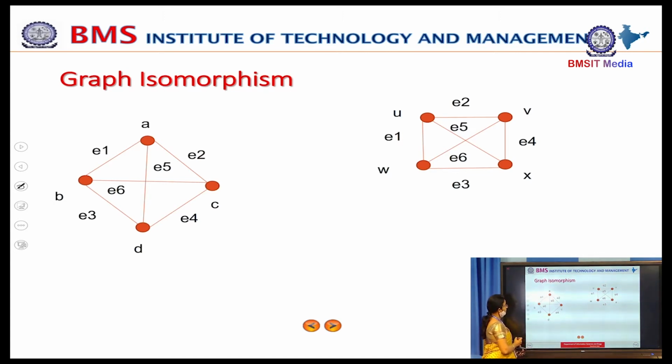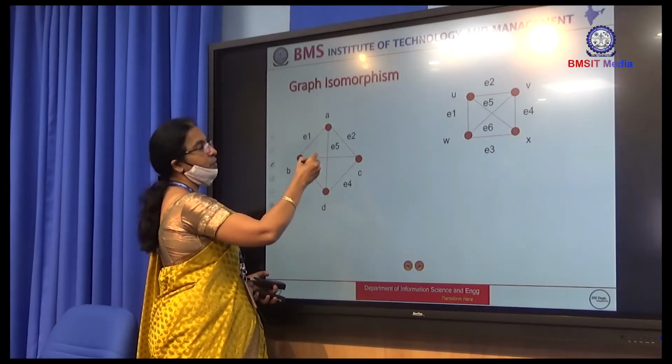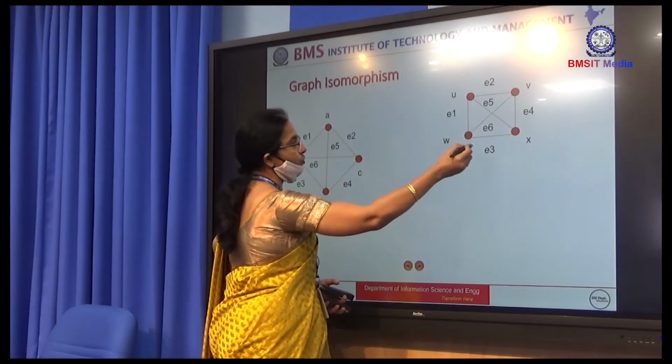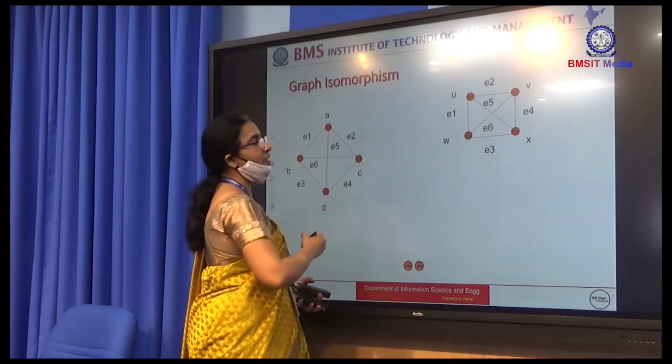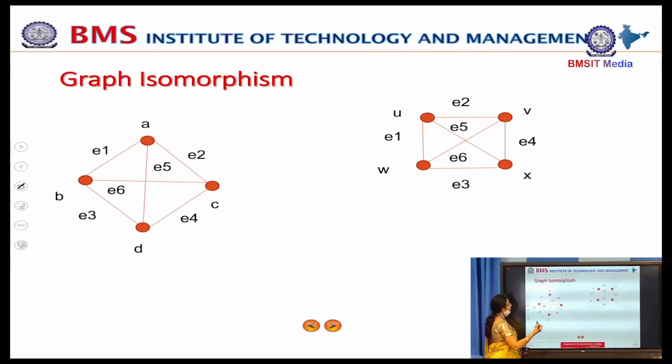Now we need to check whether these two graphs are isomorphic. So to check this, first I need to check whether there is a function from the vertices of G1 to the vertices of G2, and that function should be 1 to 1 and onto.